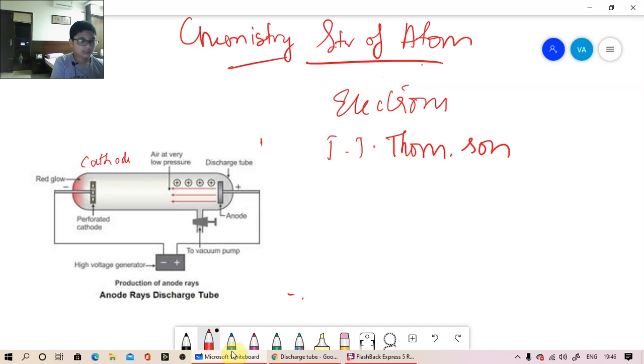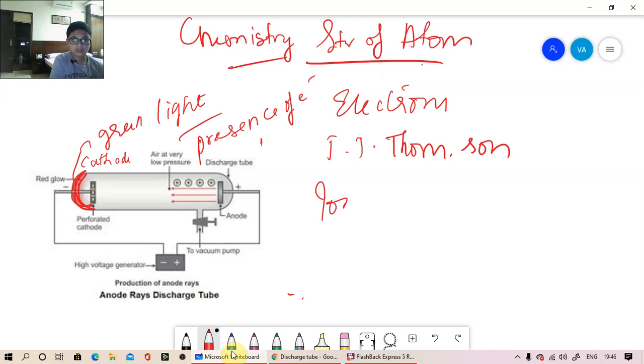What happened is that J.J. Thomson just ionized the gas by reducing the pressure and increasing the voltage of electricity. Because of this process of ionization, the zinc sulfide screen started emitting some green light, which marked the presence of electrons.